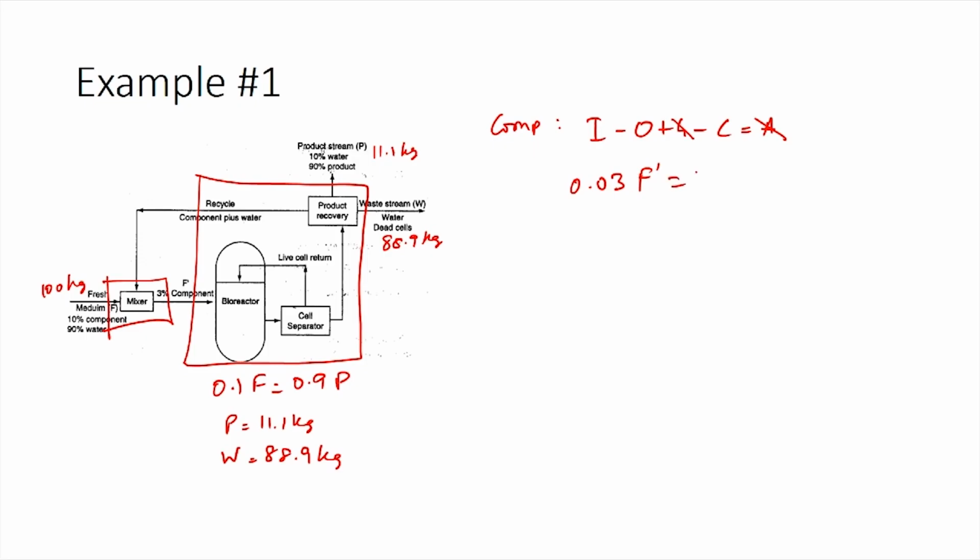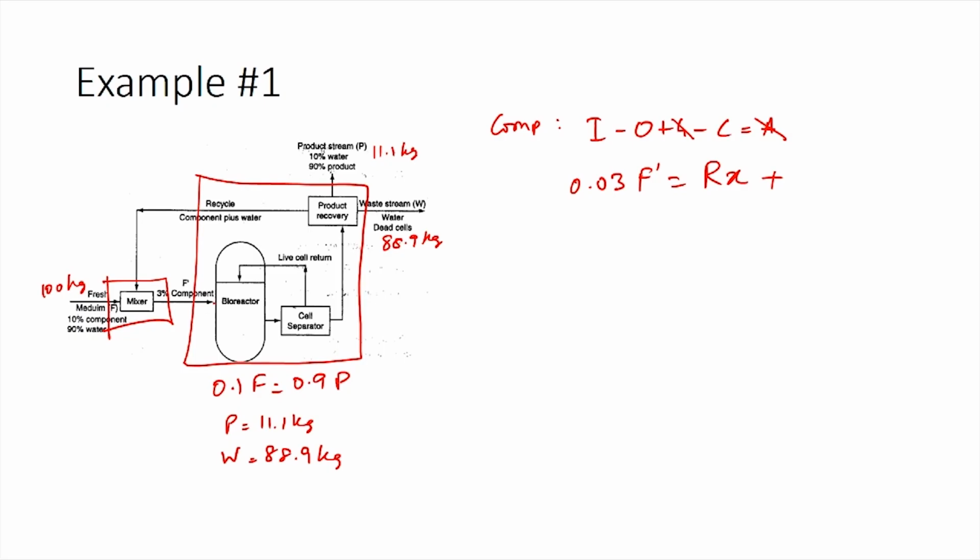This equals output, which would be the component present in the recycle stream. Let us call that R times X, where R is the mass of the recycle stream and X is the mass fraction of component in the recycle stream, plus consumption which can be calculated using the single pass conversion given to us.